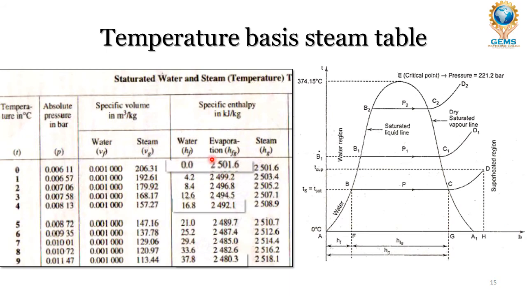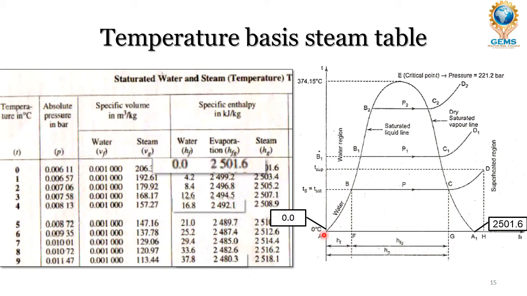The first values we take are Hf and Hfg. Point A is the Hf value, and Hfg is the evaporation point, the latent heat value, represented by this line up to point C. The first point is Hf 0.0 and Hfg 2501.6.